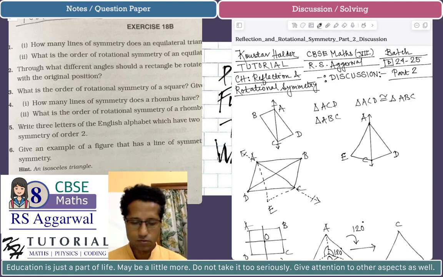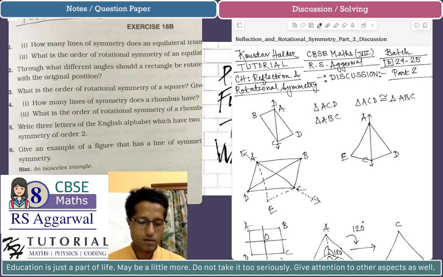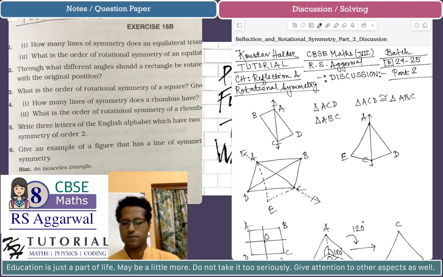So before going on to the next chapter, I will prepare the sample test paper by tomorrow or day after tomorrow. So please stay tuned for the sample test paper 1 on the chapter of reflection and rotational symmetry. Then we will move on to the next chapter, three-dimensional shapes.